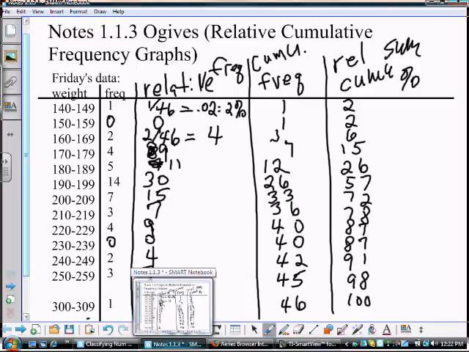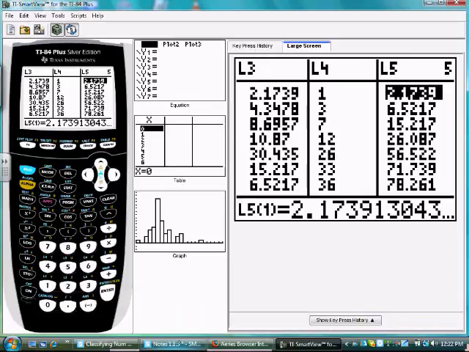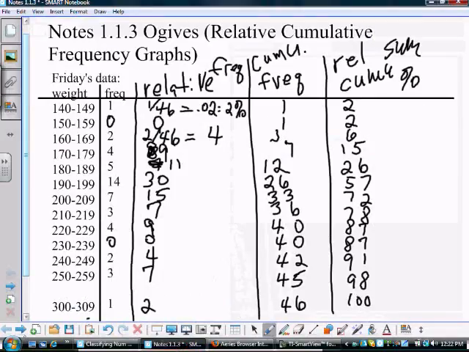No? Fine. I'm going to show you how to graph them. I mean, that's the hard part, right? The ogive is a line graph. You ready? All right, even if we're not.